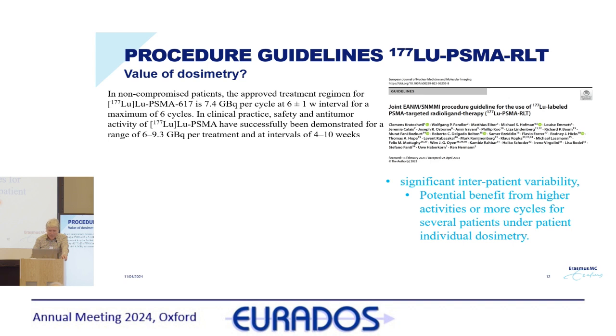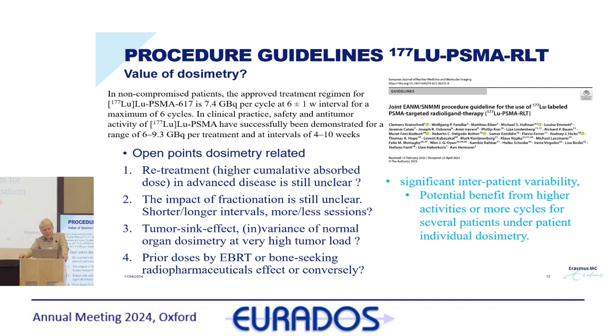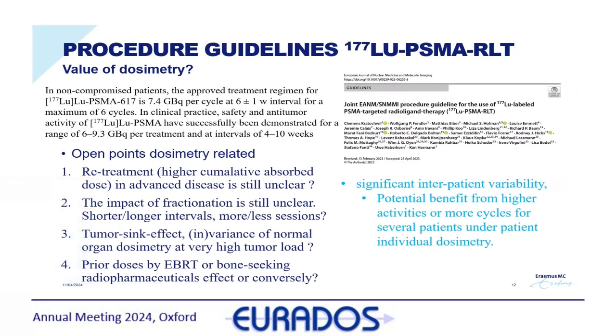And in this same document, there are some open questions indicated, and I selected the ones related to dosimetry. And it's stated that it's unclear how retreatment and giving higher absorbed doses in advanced disease will help.